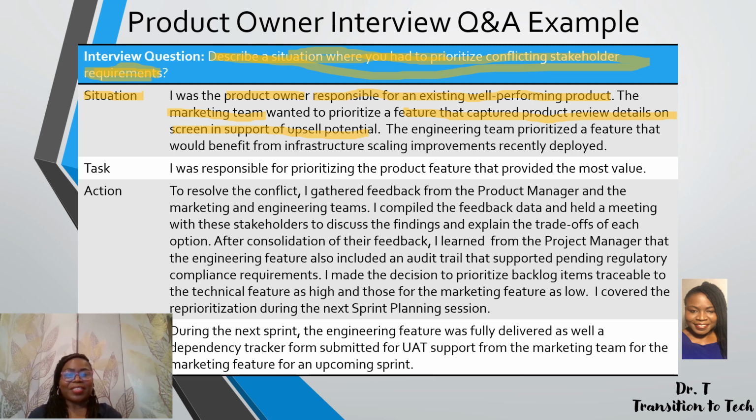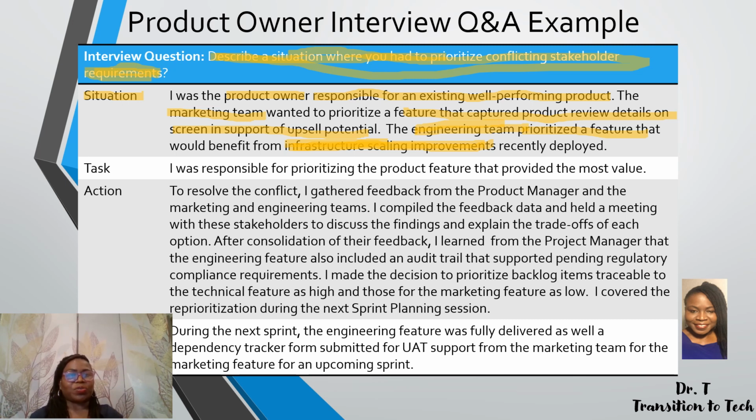The engineering team, on the other hand, wanted to prioritize a feature that would benefit from infrastructure scaling improvements. So it sounds like the company had the opportunity to do some infrastructure planning and take on some equipment or resources that would help further scale this product along the way.